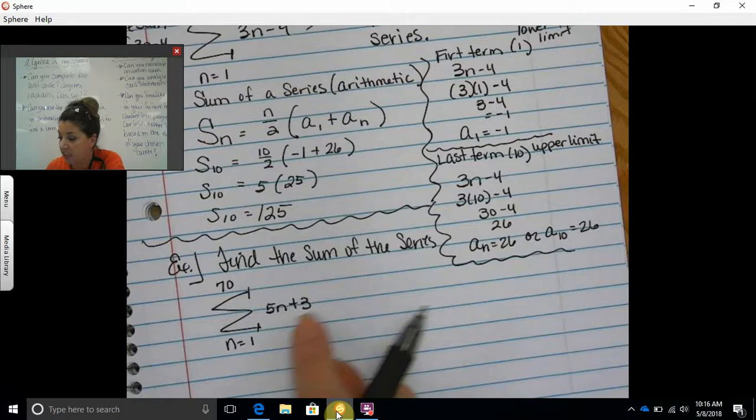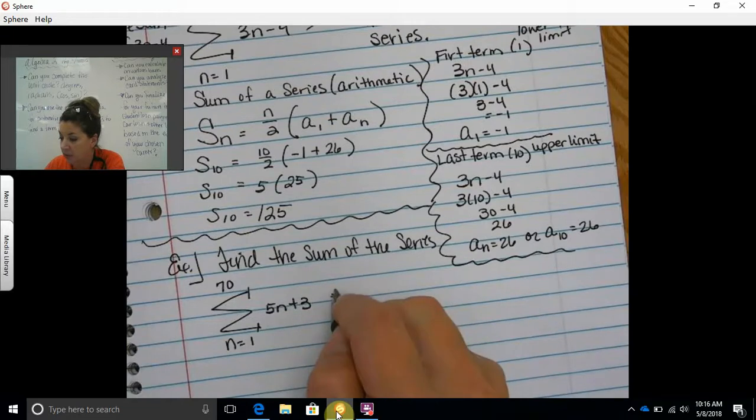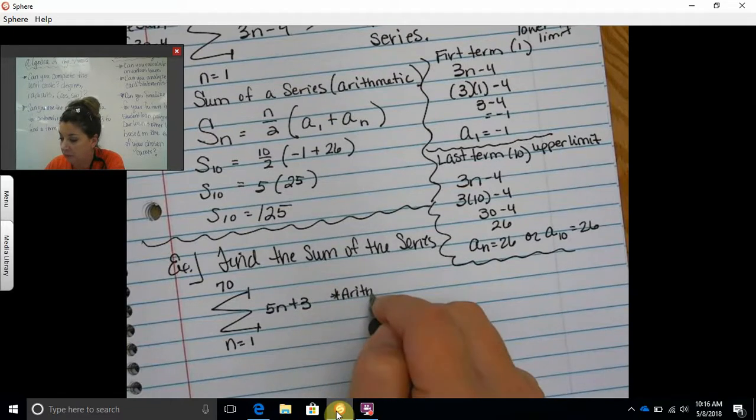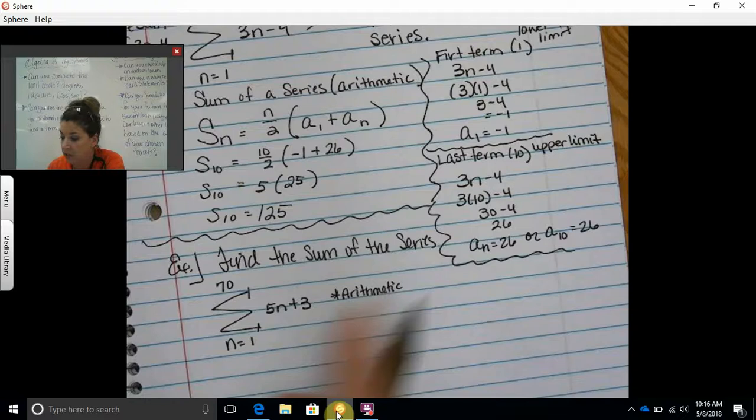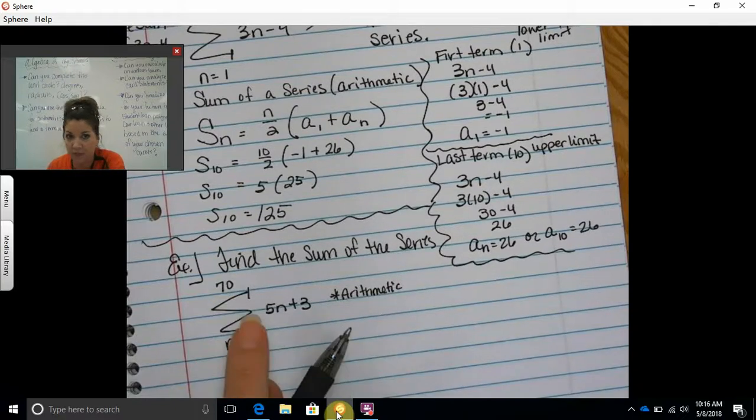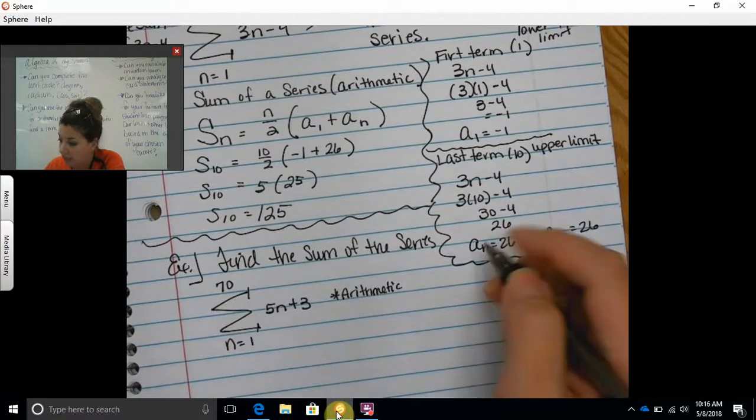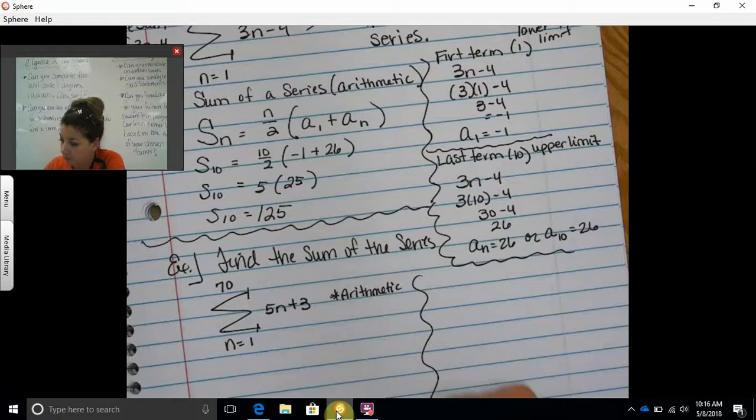Again, because this is linear, we know it's arithmetic, right? So we need to figure out the first term and the 70th term. That's the first term of the sequence and the last term of the sequence.